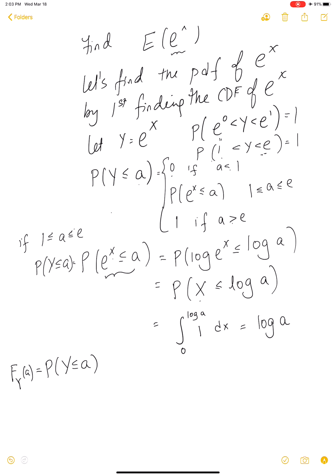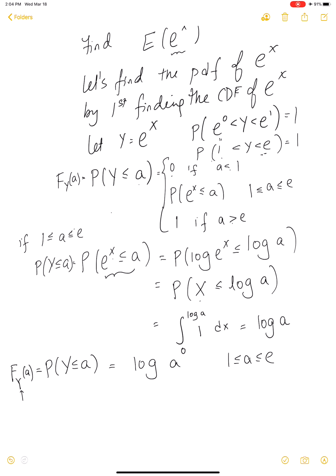And since there's more than one random variable floating around, it's good to put a subscript. And this is log a if a is between 1 and e. And if a is less than 1, we know it's 0. If a is bigger than e, we know it is 1.